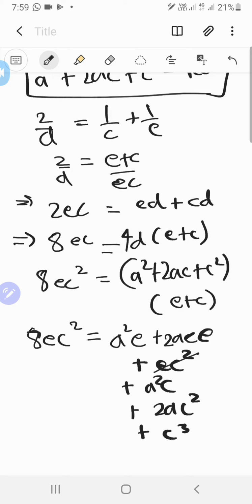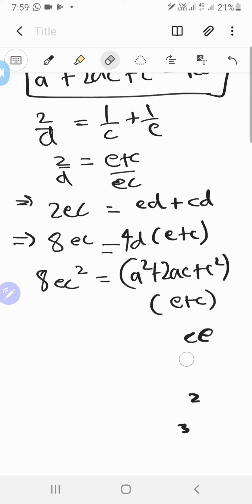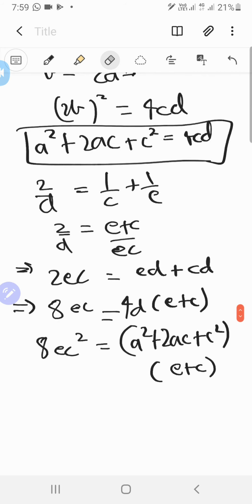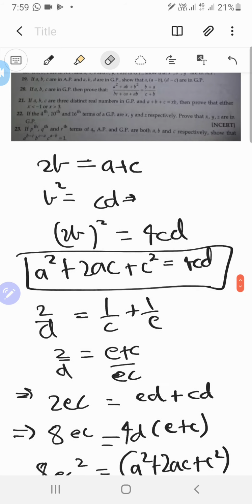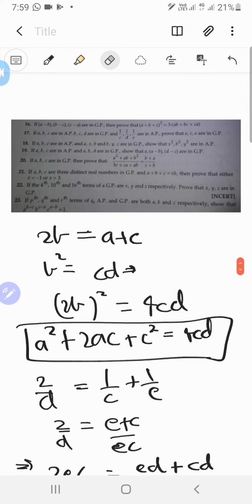I don't think we are going anywhere with this. Most likely we have done something wrong. That's why it's not working out correctly. Yeah, obviously. Otherwise it would have been done so much faster, right? But it's not that fast.